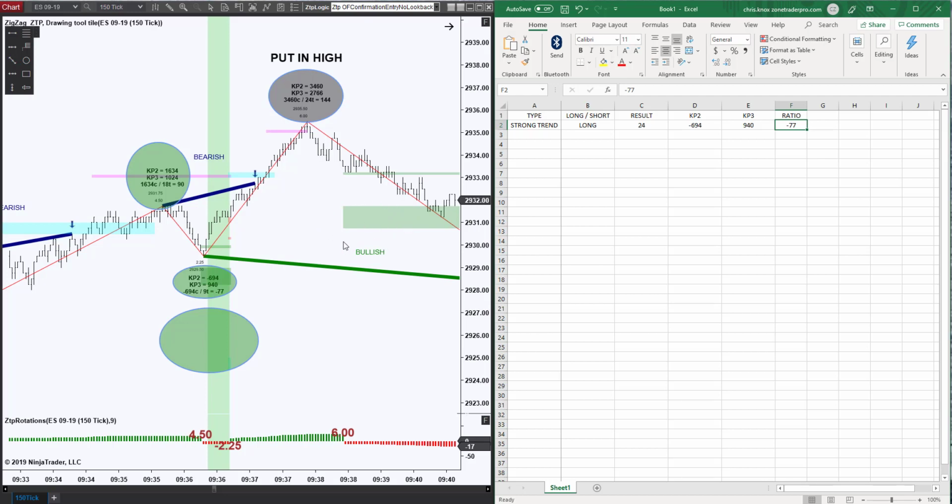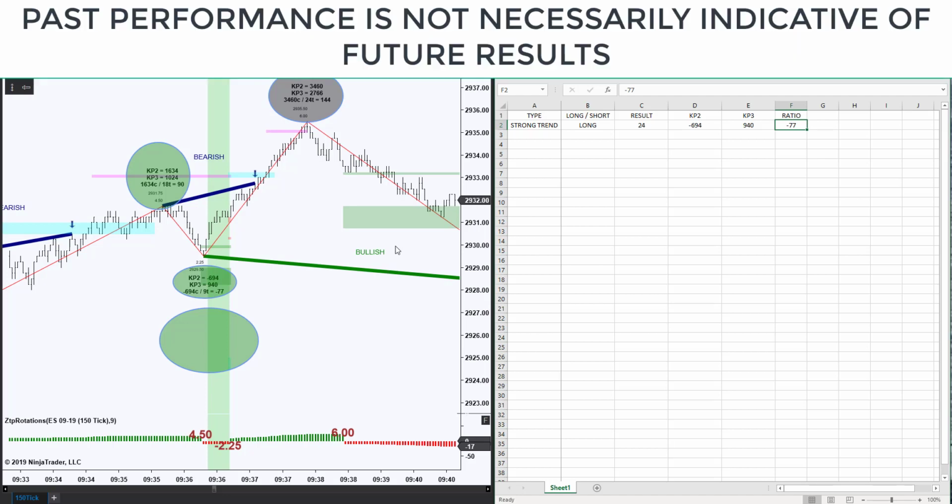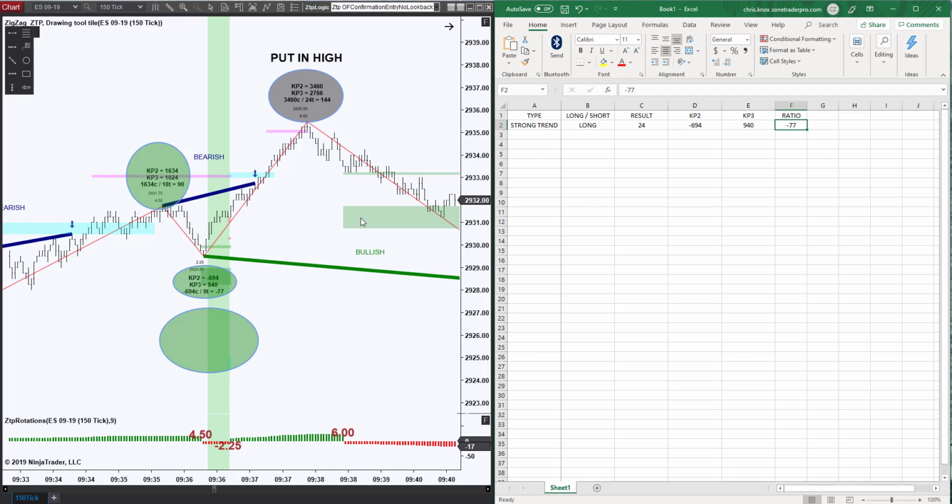I'm not actually building a strategy with this, and this is important. It's also important to realize the disclaimer that the past performance that we're going to be looking at here is not necessarily indicative of future results. So with that being said, I'm going to go ahead and pause the video and collect the statistics, and then we'll begin working with the worksheet.